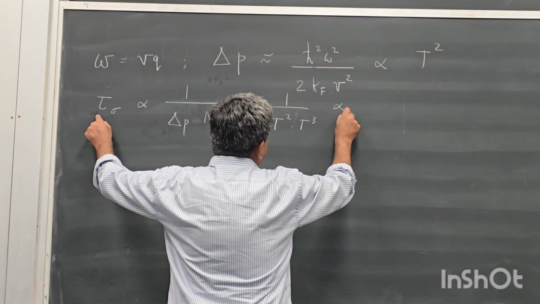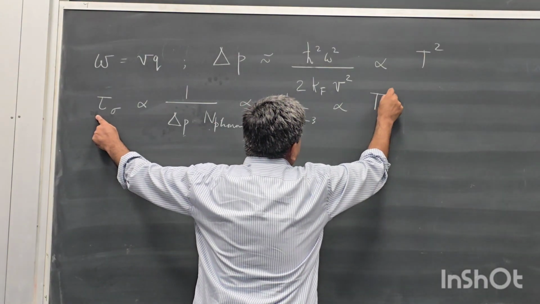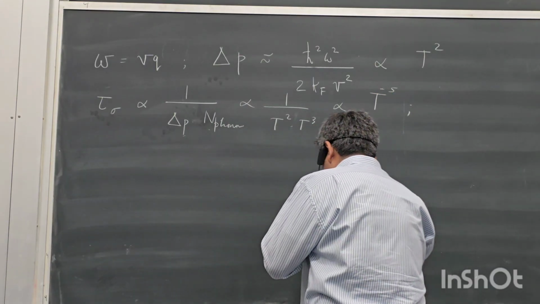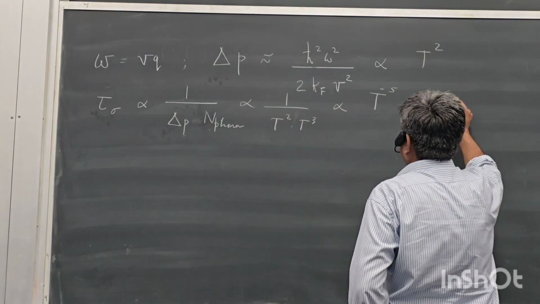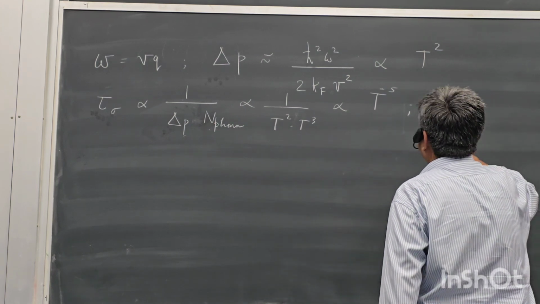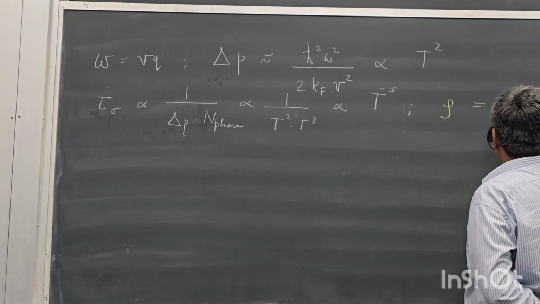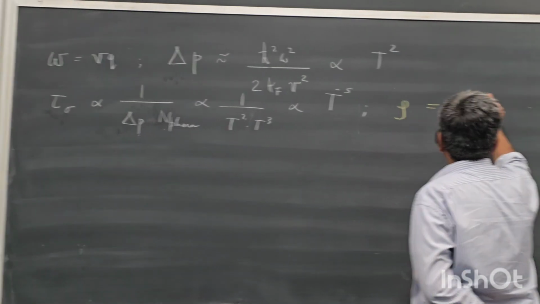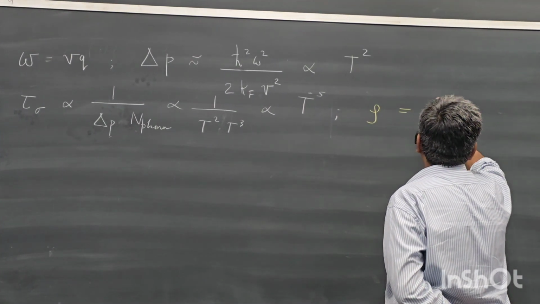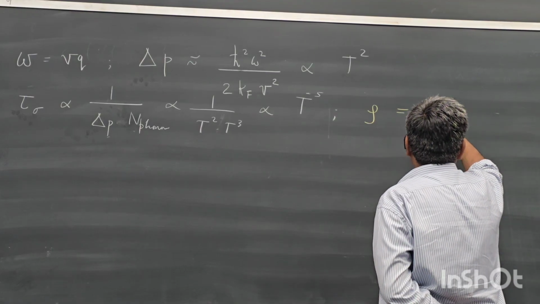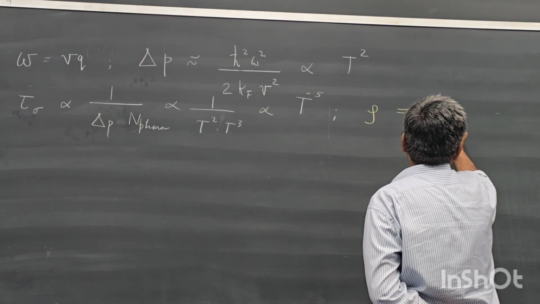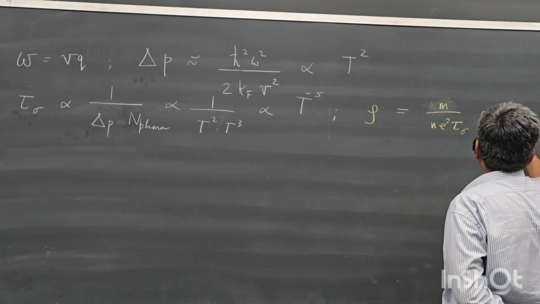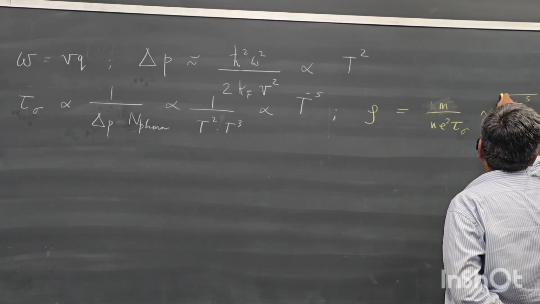So this tau is proportional to T raised to power minus 5, which means that the electrical resistivity, which is m over n e square tau, which is 1 over sigma, is now proportional to the 5th power of the temperature.